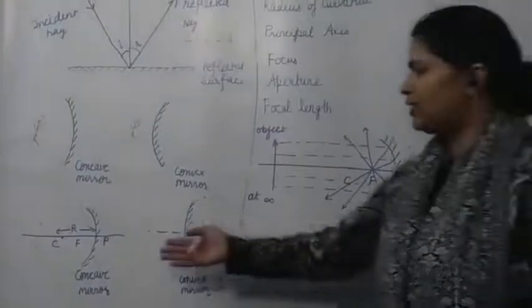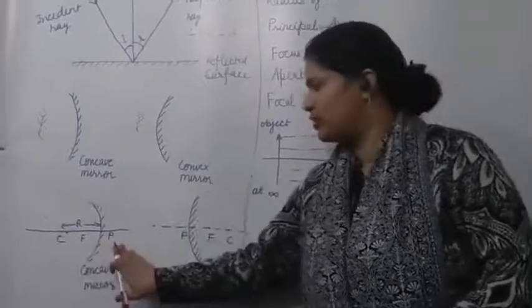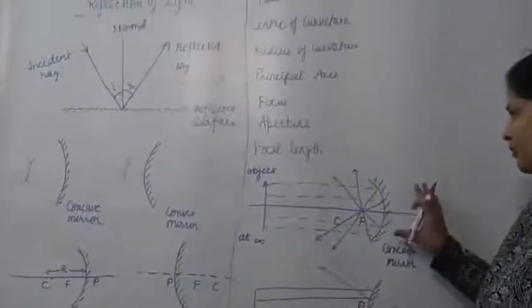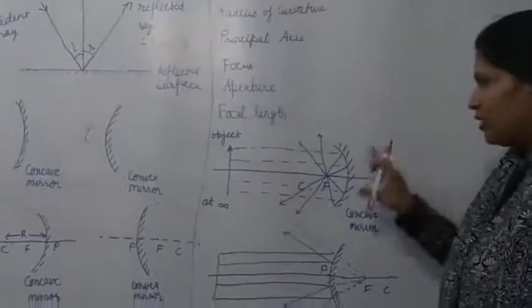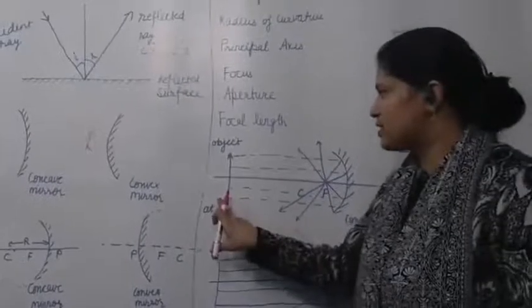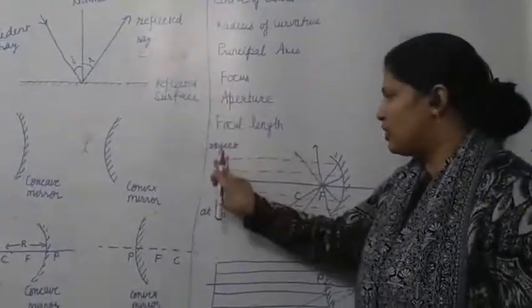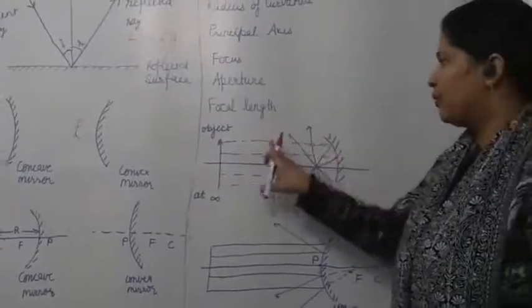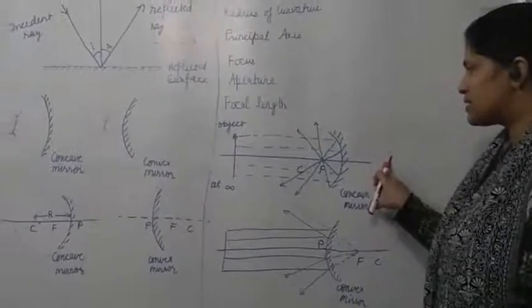Now, as we define all these things, this is the center of curvature, pole of the mirror, focus point. What is the focus point? Let's see this concave mirror here. Suppose an object is placed at infinity, then by law we know all the rays coming to the mirror will be parallel to the principal axis. What is the principal axis here?